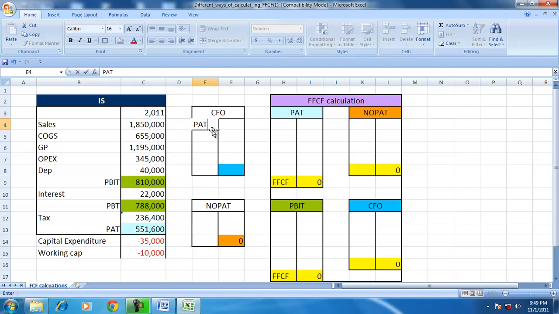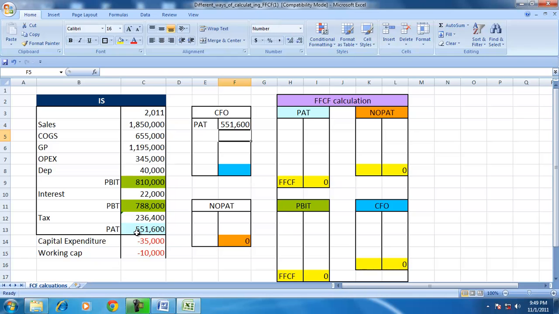We know that CFO in this case will use the indirect method. CFO is PAT, add back depreciation, that is a non-cash item, add back non-operating items, that is 22,000, then the working capital changes, which is minus 10,000.